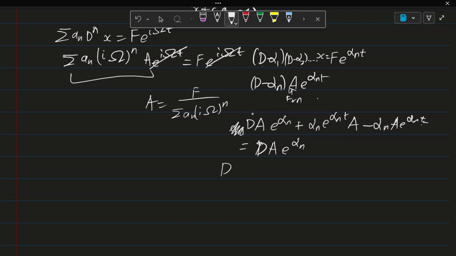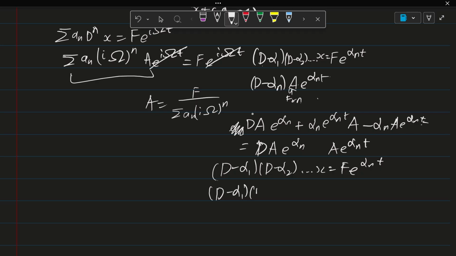Now this gives you a very good clue. So if you get (D minus alpha 1)(D minus alpha 2), and so on, for x equal to f equal to e to the power alpha n t, and if you just guess the solution of a e to the power alpha n t, assuming that a is a function instead, you would get this simplified into (D minus alpha 1)(D minus alpha 2) until the n minus 1, and then at the nth term it would become e to the power of alpha n t times dA.